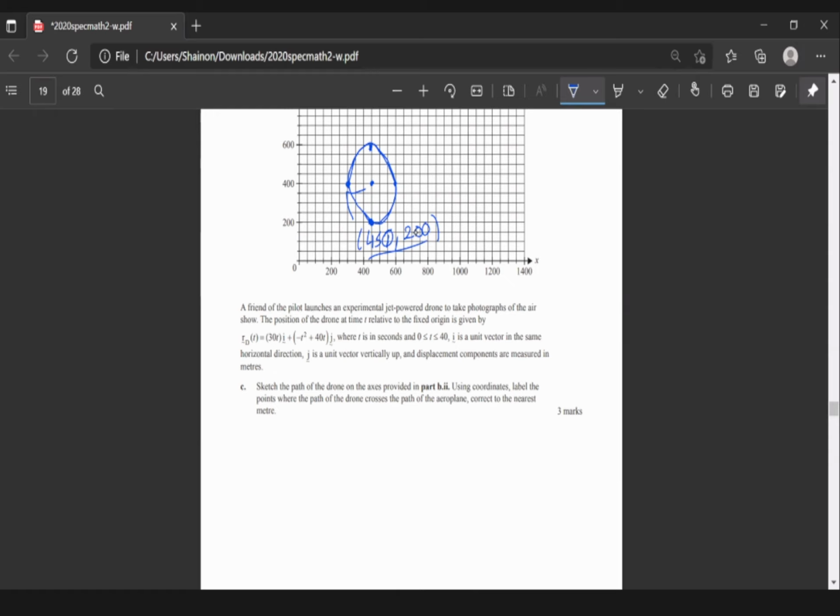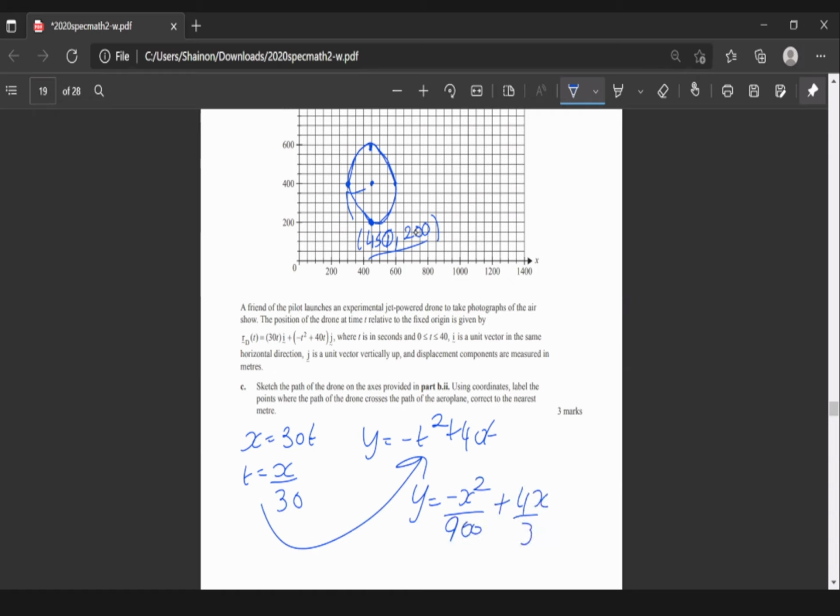So now let's sketch the path. We do the same thing that we did before. So x equals 30t, t equals x over 30, y is equal to negative t squared plus 40t. If you sub that in, y is equal to negative x squared over 900 plus 4x over 3.